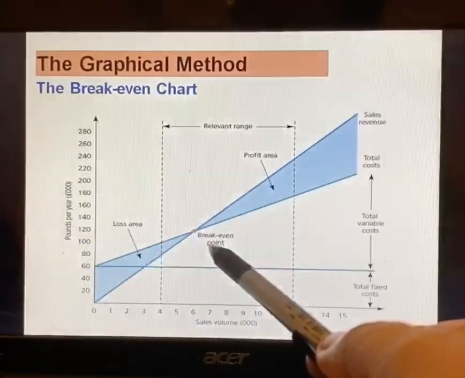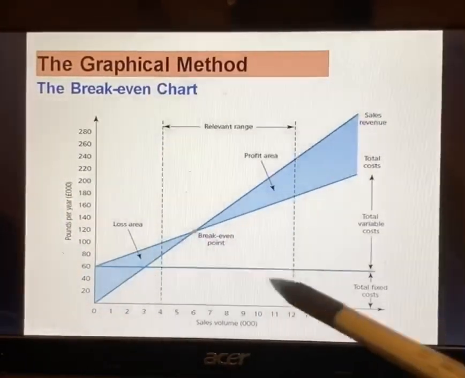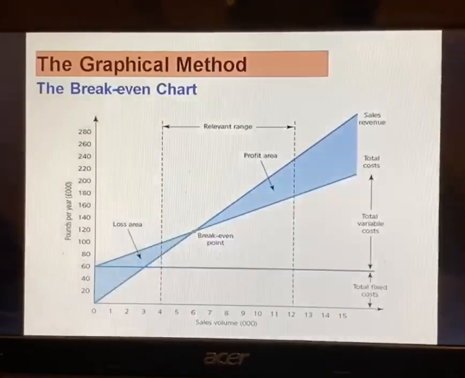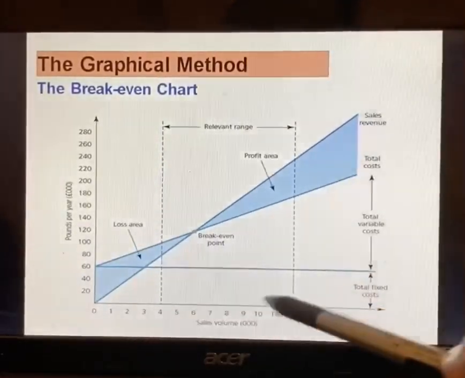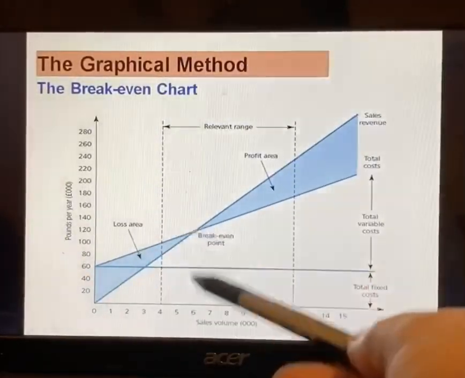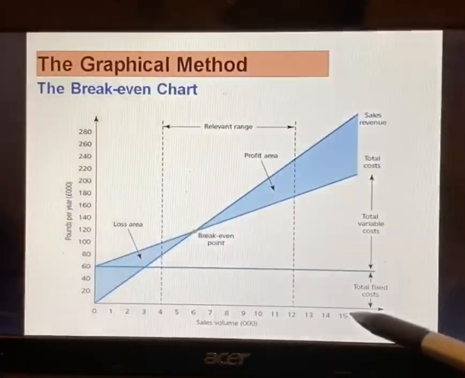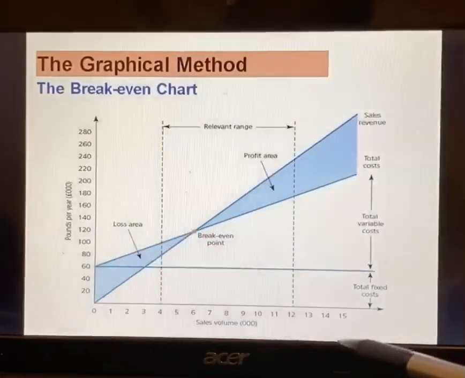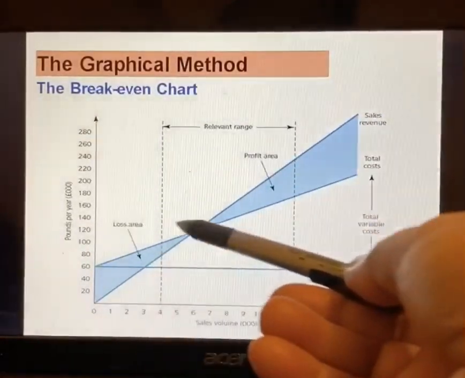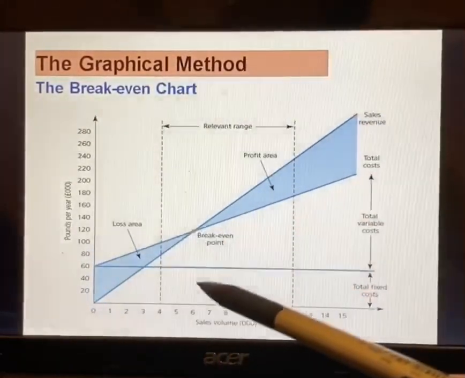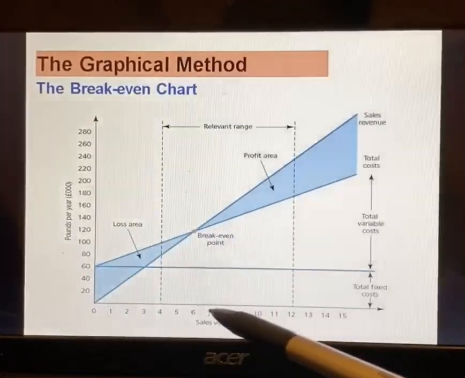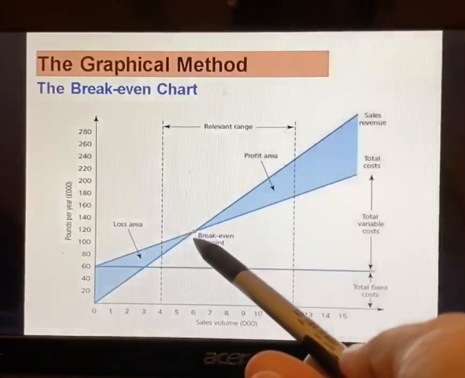The break-even point so determined tells the reader the break-even point in terms of units of output on the horizontal axis, and in terms of sales revenue and total cost on the vertical axis. Okay.